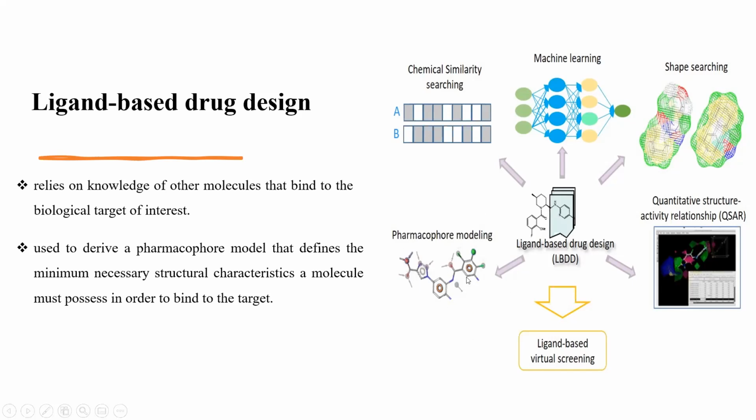It will not be 100%, it will be similar, but not 100% identical. Are you getting me? By so doing, if those functional groups on Tylenol are on it, there is a probability that the drug is possibly going to cure headache. And that is why it is called ligand-based.